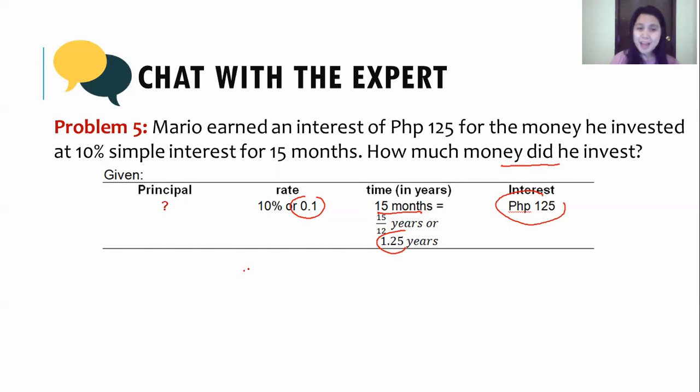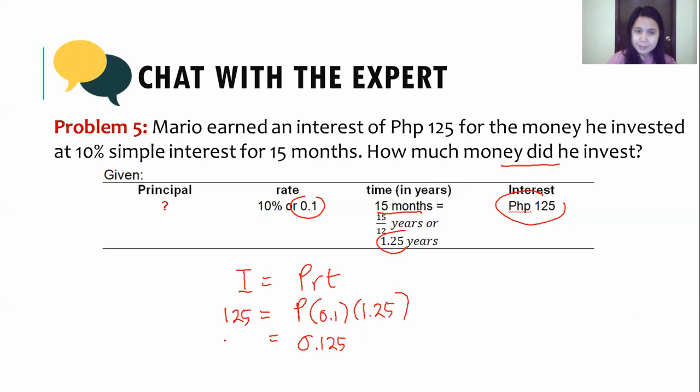So we have I equals PRT. Our interest is 125. Our principal is missing. Our rate is 0.1. Our time is 1.25 years. Let us solve 0.1 times 1.25. The answer is 0.125. P equals 125.